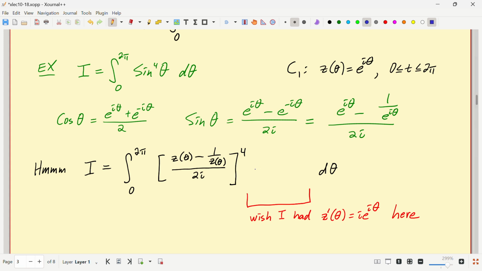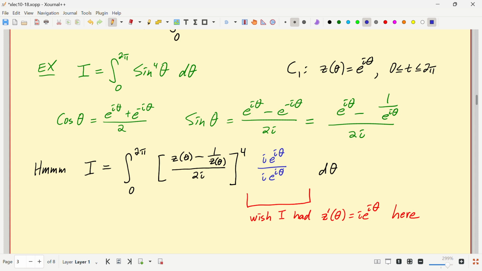Well, I'm going to give it to myself here. I'll give it to myself i e to the i theta. And if I give it to myself, I have to take it away. Now I have it there.